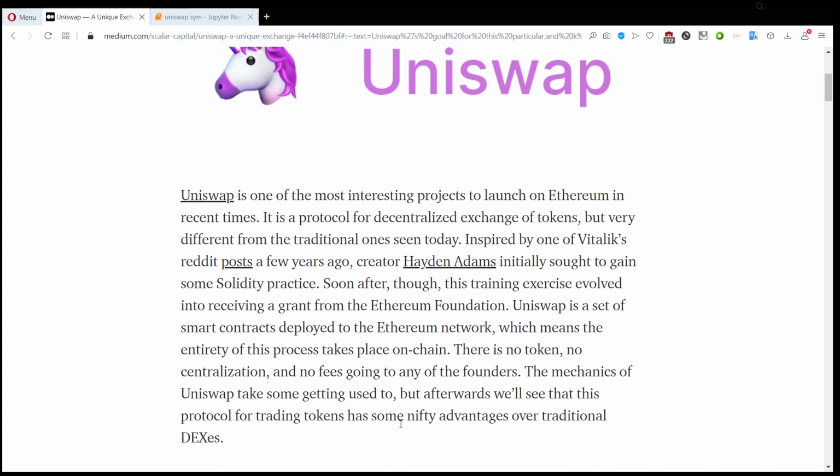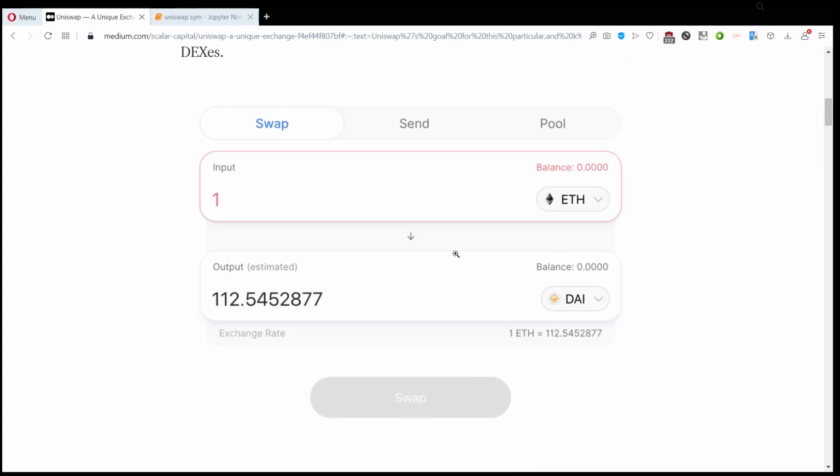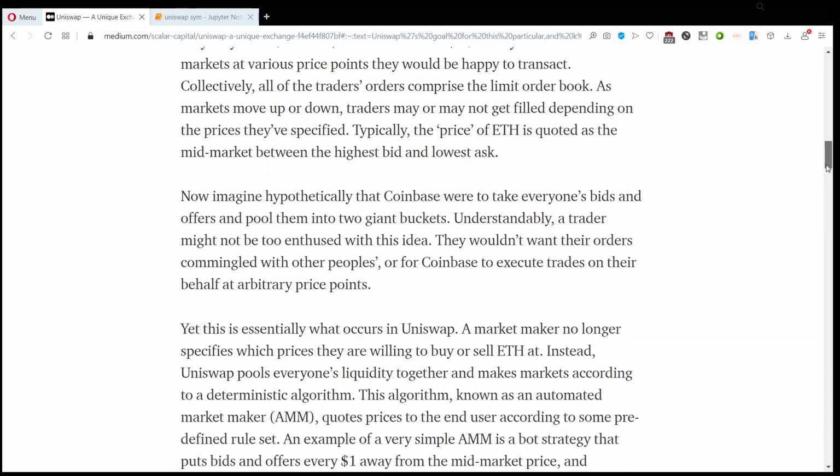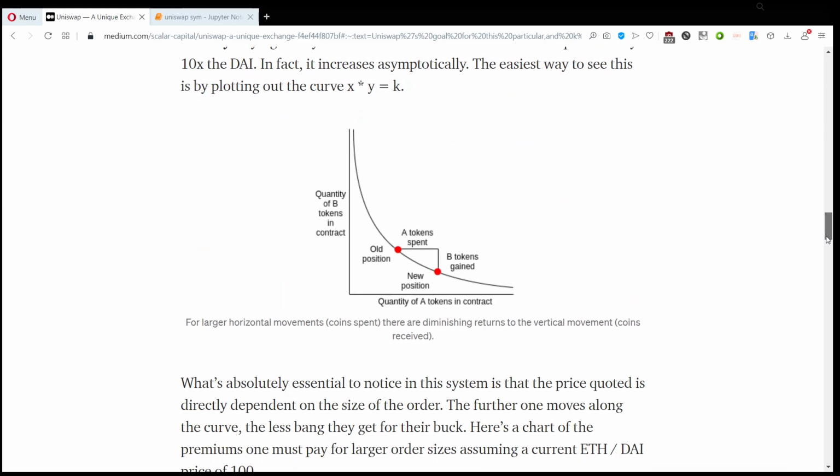Do you lose value, and how much do you lose? These are the questions I would like to get an answer for. This is an article about Uniswap. PancakeSwap uses the same formulas, and the user interface is very similar. The underlying method they use to determine the price of any token is a curve called x times y equals k.